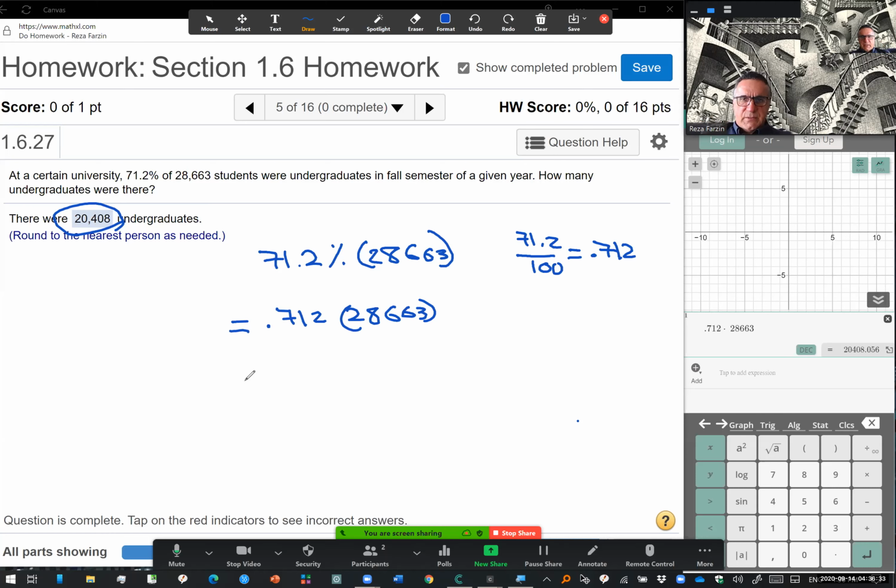So you would calculate what 100% minus 71.2% is, right? You're just going to subtract like this: 100 minus 71.2, and then the percent would carry.